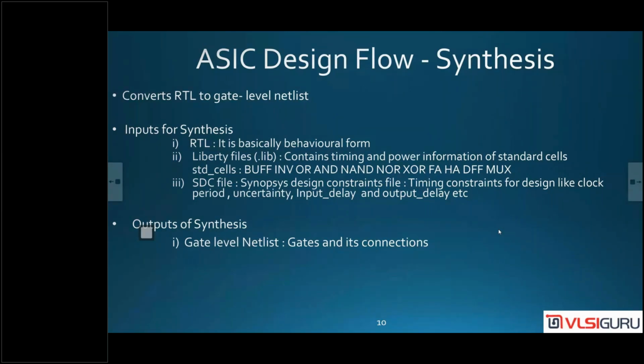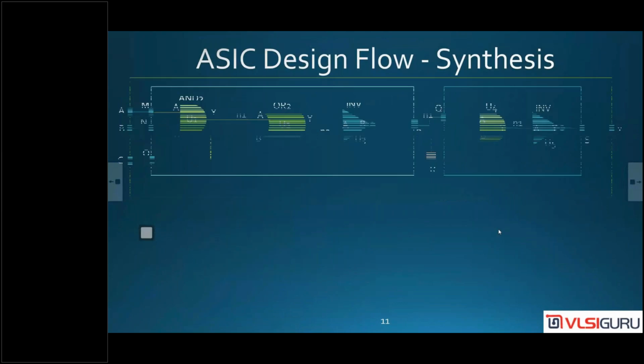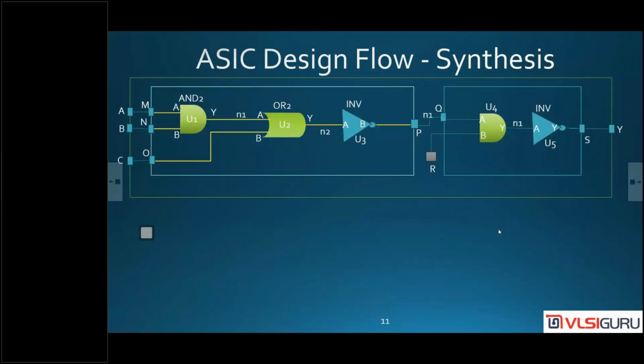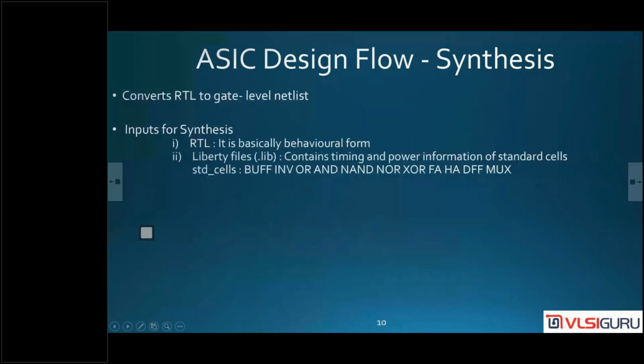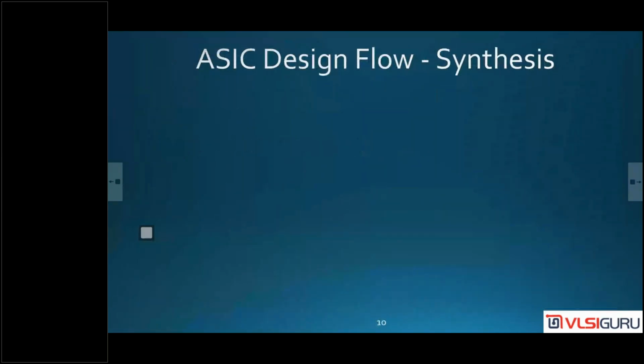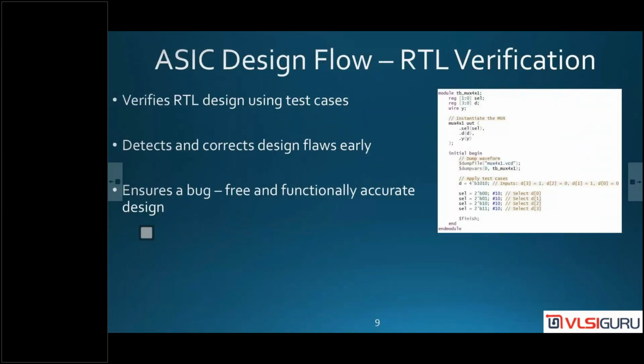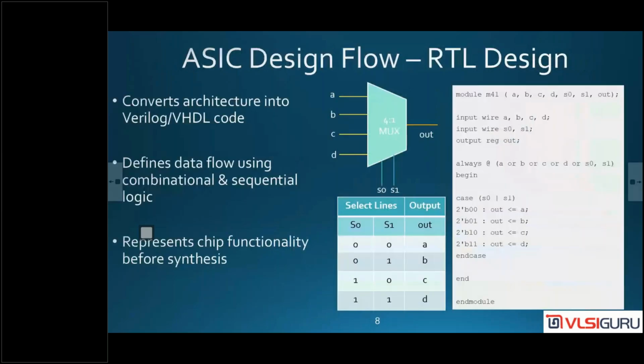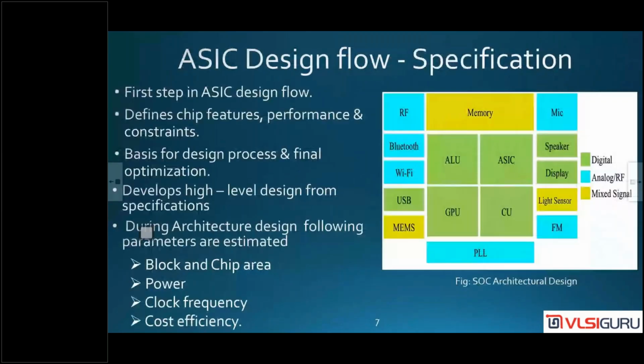Now, what is gate level netlist? I have an example for that. So here there is a connection of two blocks. This is one block. I told you, right? Your entire chip is a connection of different blocks.